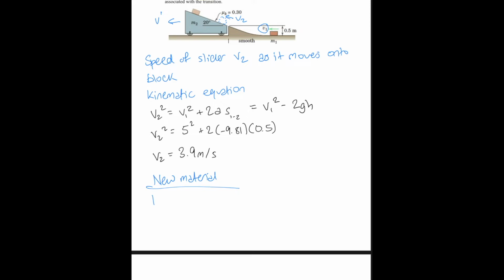We've got impulse and momentum. So the sum of forces is equal to G dot, where G is the linear momentum. G is equal to mv.